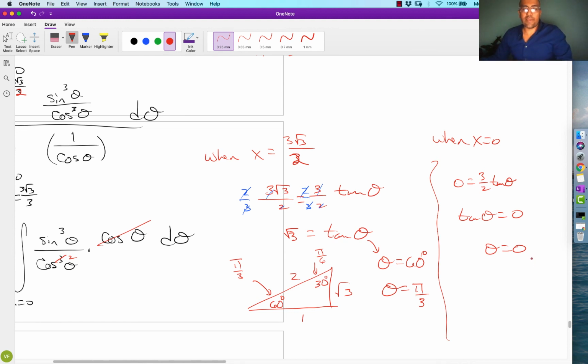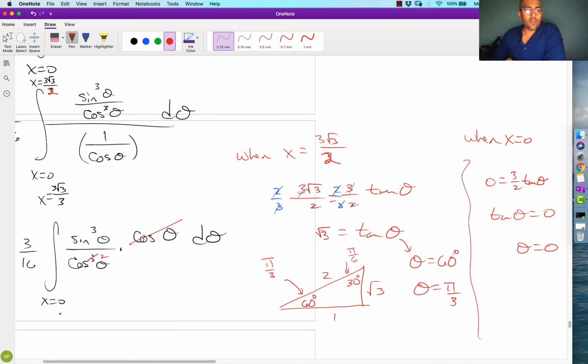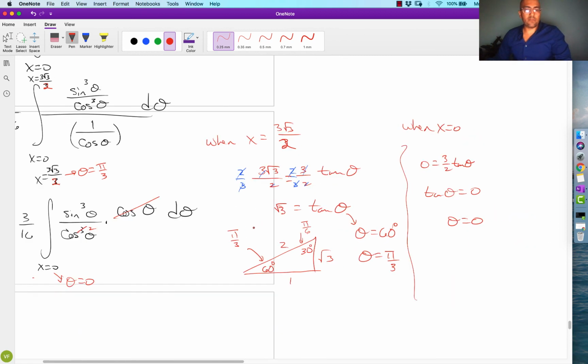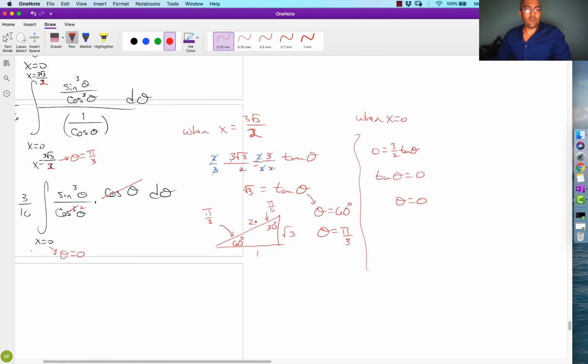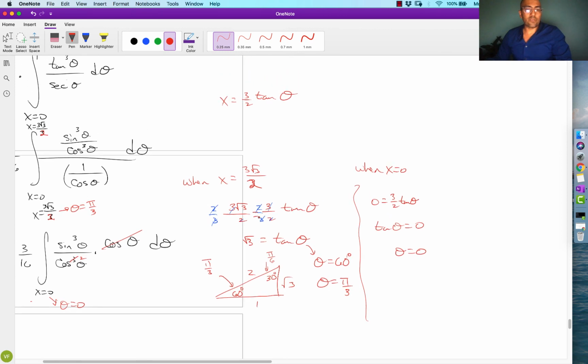Okay, so now we have our limits of integration. When x is 0, this is going to translate into theta being 0. And when x is 3 root 3 over 2, that must translate into theta being pi over 3. Good.